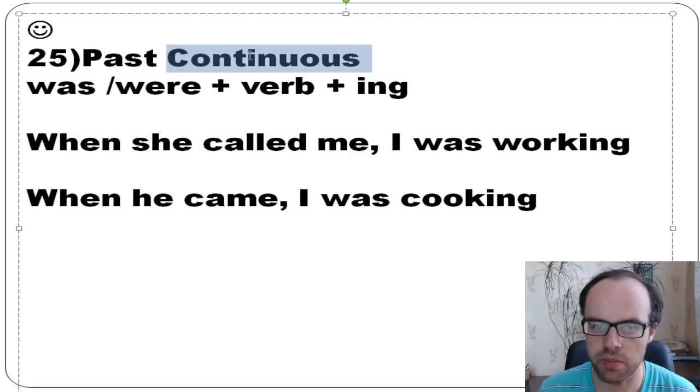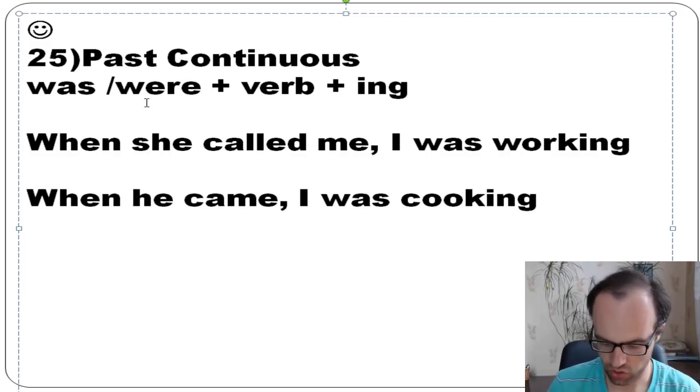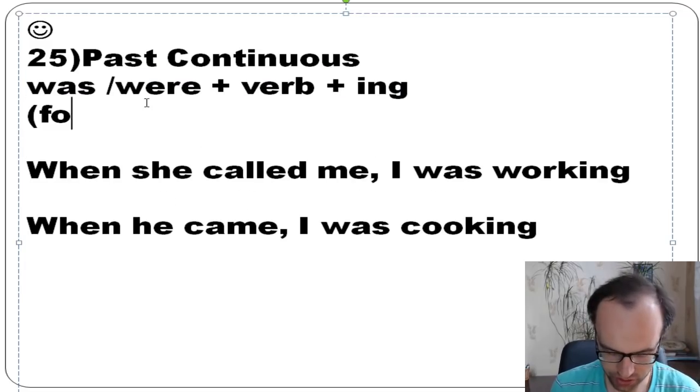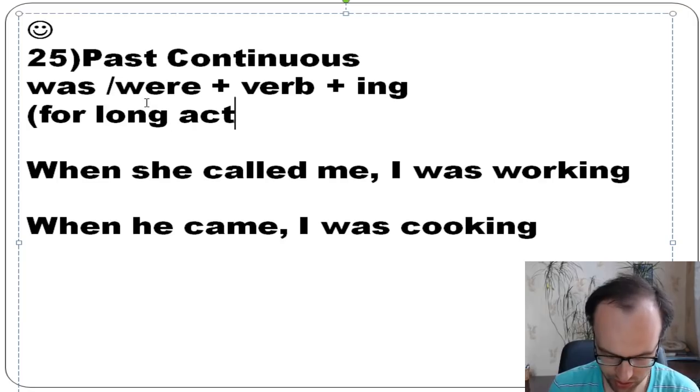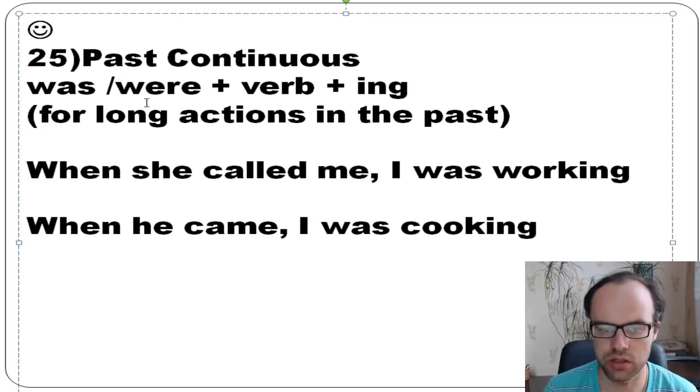Okay, let's talk about past continuous. How do you form it? Was, were plus verb plus ing. We use it for long actions in the past, yeah?